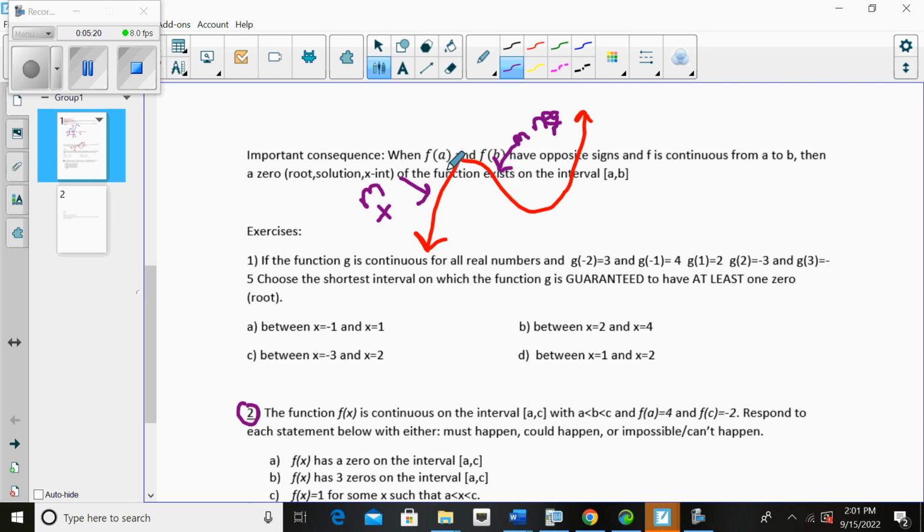What that tells me then is there had to have been a point where the slope was 0, okay? Well, what kind of line has a slope of 0? We know that that's a horizontal line, and we know that at turning points, if I drew what's called a tangent line to the curve, this line at a turning point would have a slope of 0.